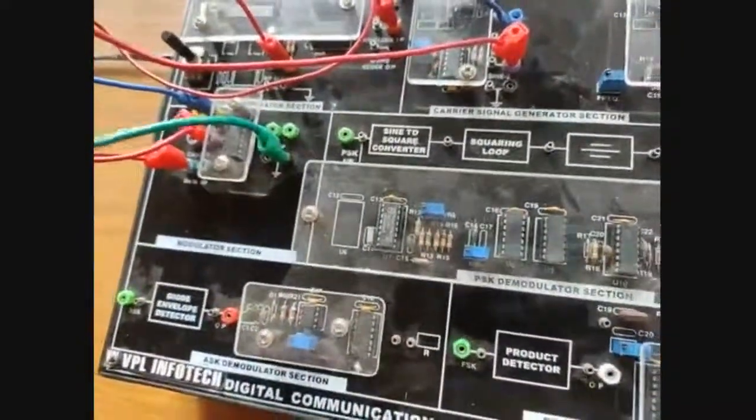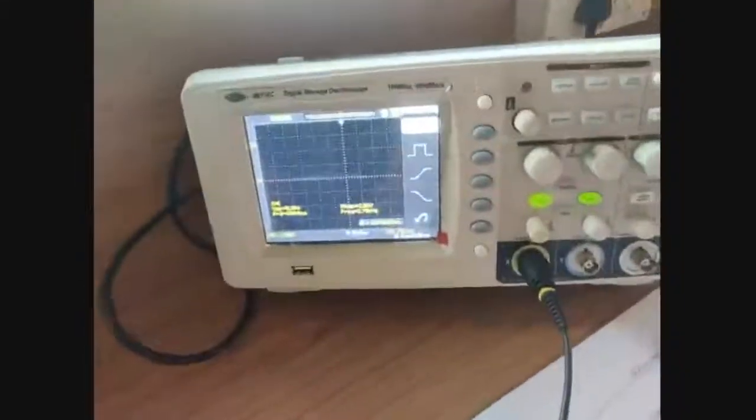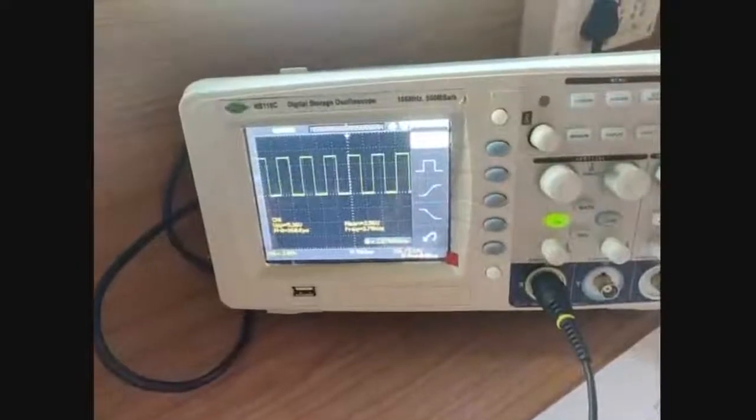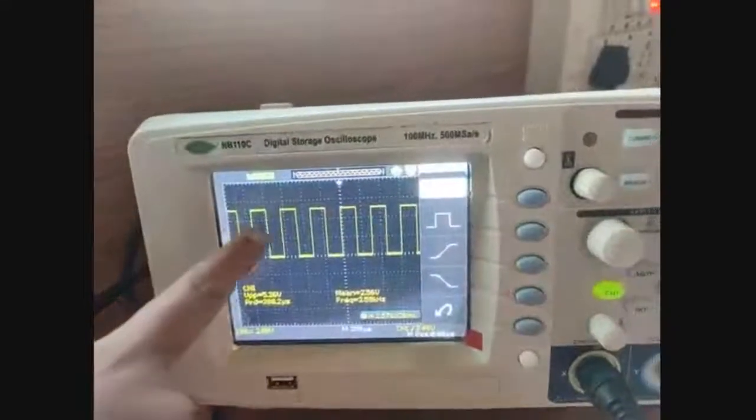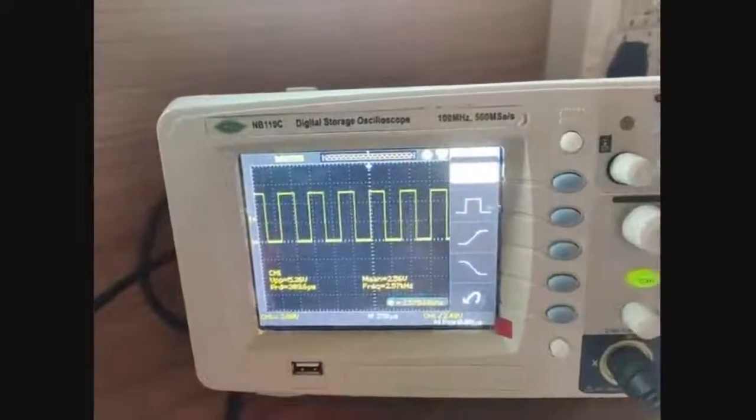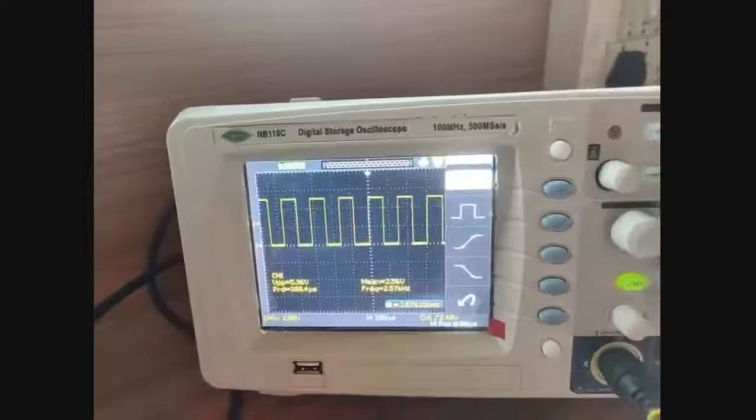Then we observe the input here at the serial data output. Here we can observe the input data signal, which is in the format of 0101.